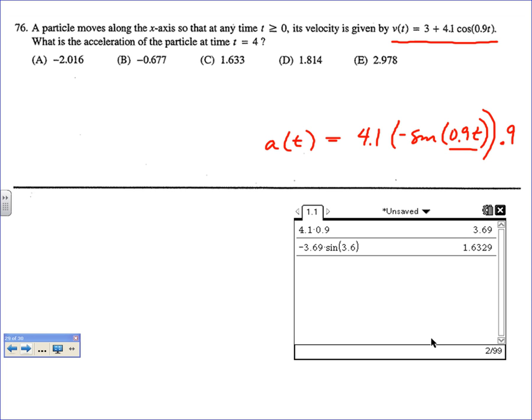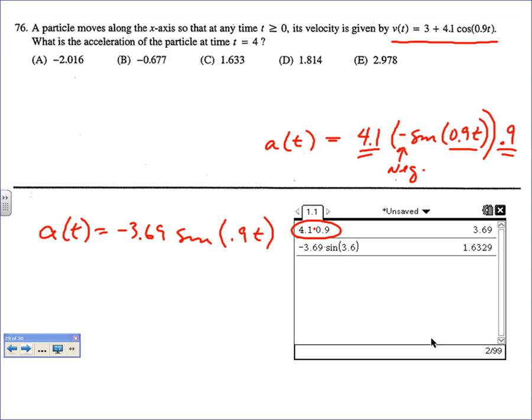So the first thing I'm doing over here on the calculator, I'm finding the product of 4.1 times the 0.9, right? I'm taking those two and bringing them together. So I'm saying a of t is equal to, well, I see this negative sign in front here too, right? This is a negative, not a subtraction. So it's going to be a negative 3.69 times the sine of 0.9t.